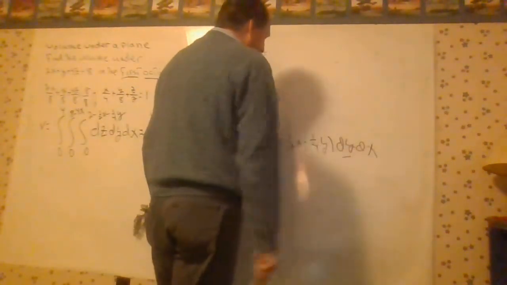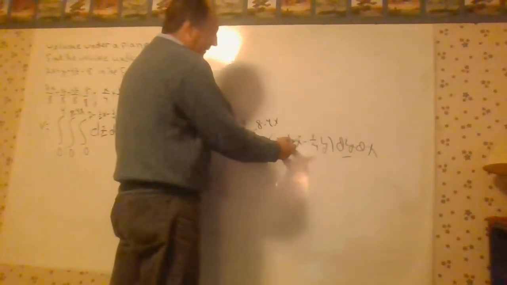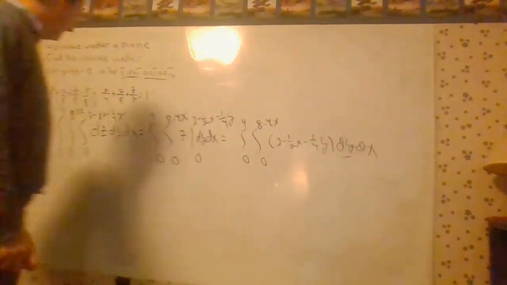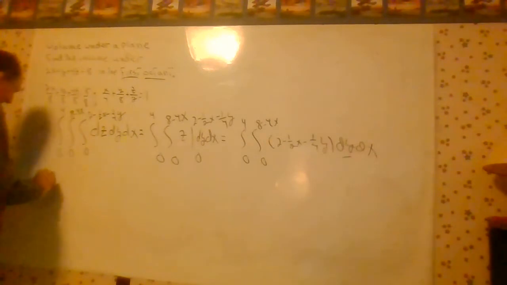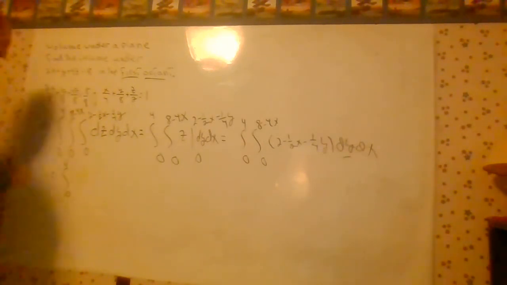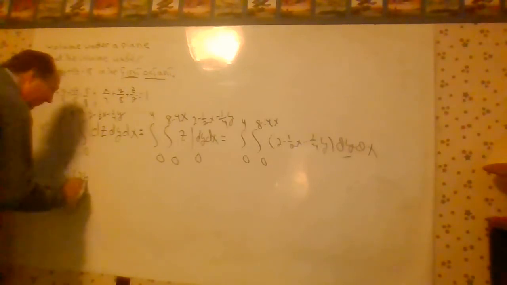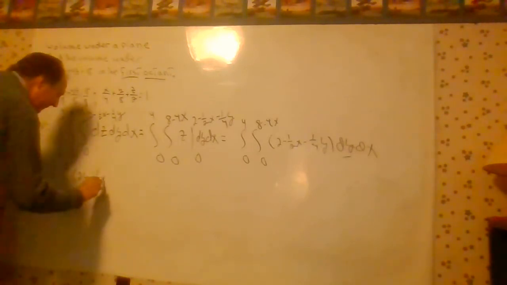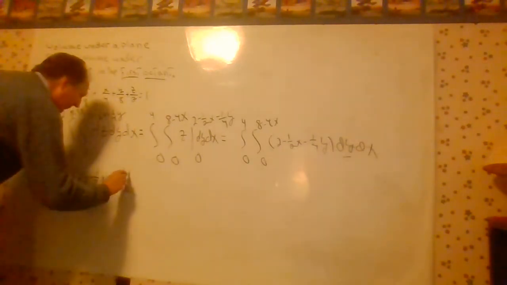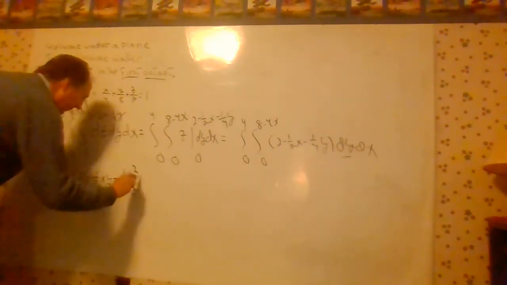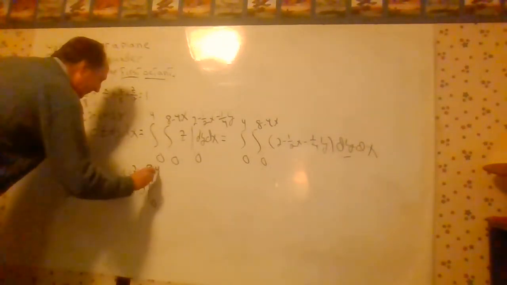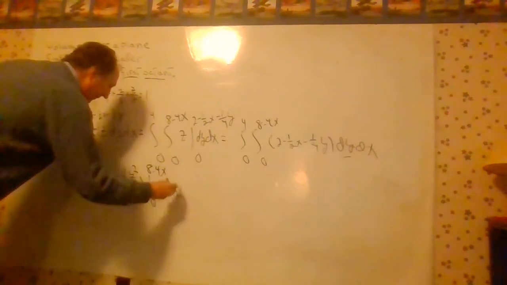Now we have to integrate with respect to y, so that's 2y minus a half xy minus a quarter y squared over 2. Integral 0 to 4, of 2y minus a half xy minus a quarter y squared over 2, from 0 to 8 minus 4x, dx.